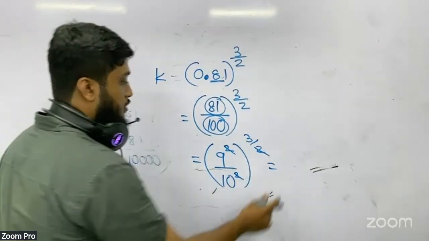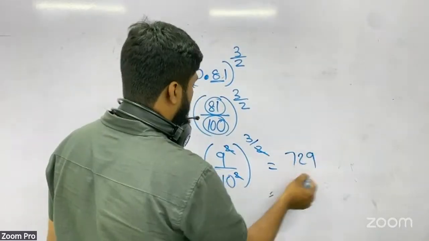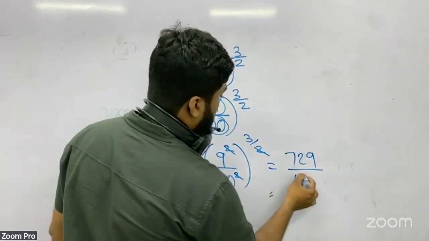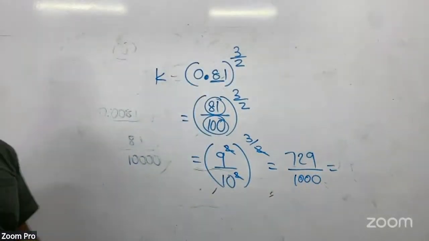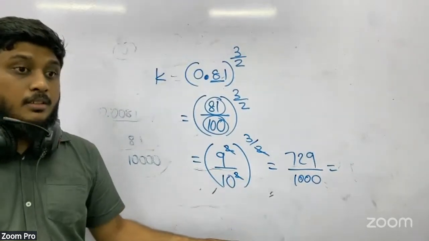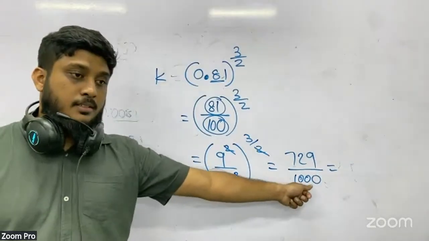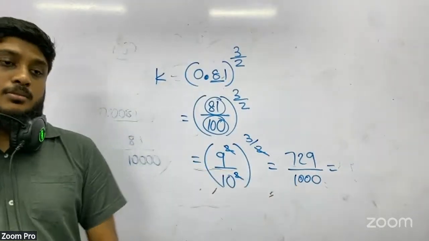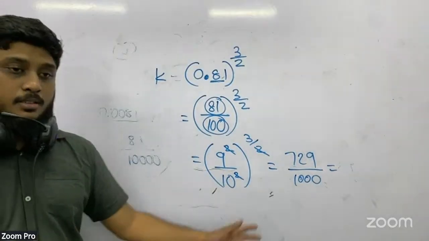How much is 9 to the power 3? 729. 10 to the power 3 is 1000, right? Either 0.729 or 729 over 1000.